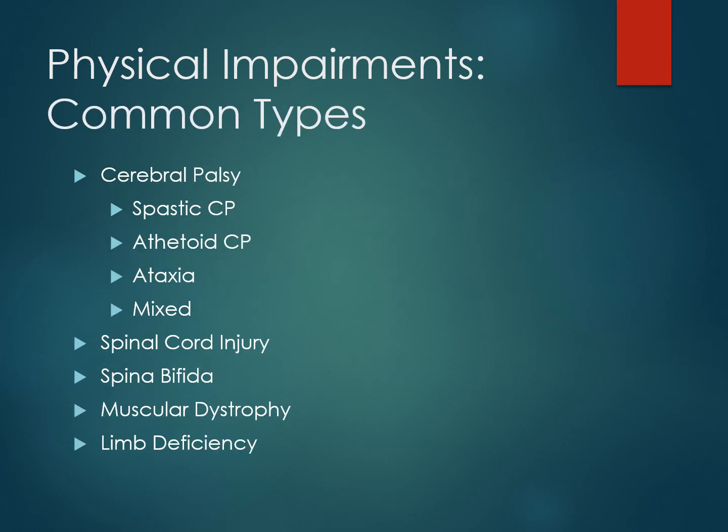And so different types that fall under this category: cerebral palsy, of which there are different kinds. Students might have a spinal cord injury, spina bifida, muscular dystrophy, limb deficiency. And so these are just some common examples of orthopedic impairments.